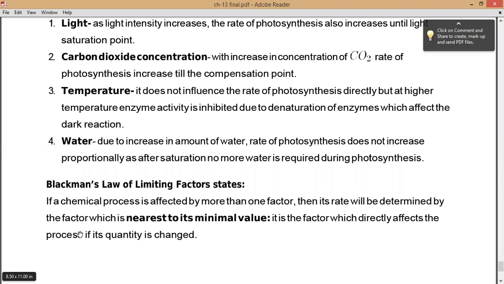Then and only then will the whole process of photosynthesis occur at a proper rate, giving a proper amount of product, right? Once photosynthesis takes place, all the food material which is produced by the plants is stored inside the plant's body in the form of starch, right?